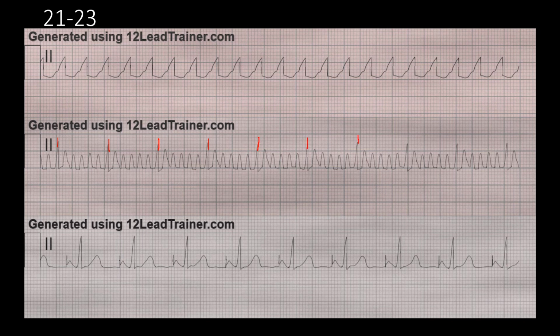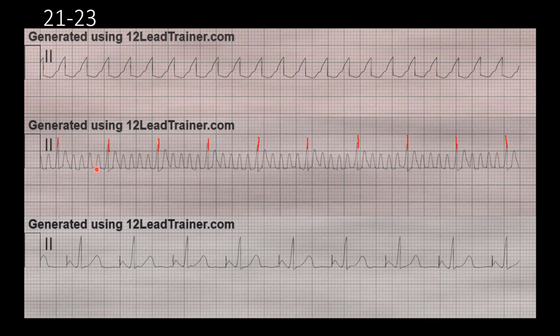So that looks fairly regular, or regular enough at least. And our rate would be 300, 150, about 100. And if we count these and use the multiplication method, 1, 2, 3, 4, 5, 6, 7, 8, 9, 10. So 100 is pretty spot on.